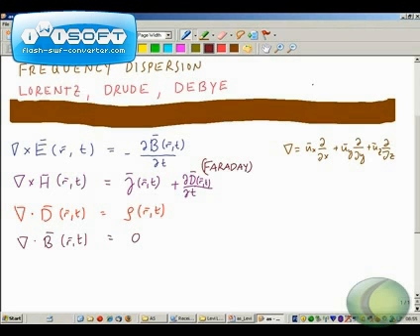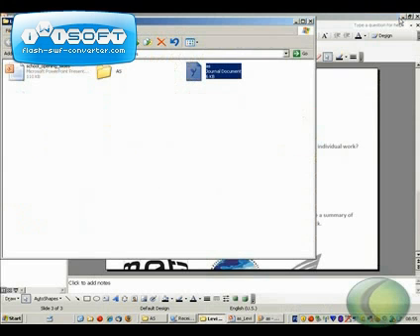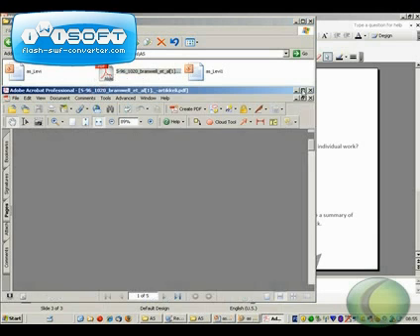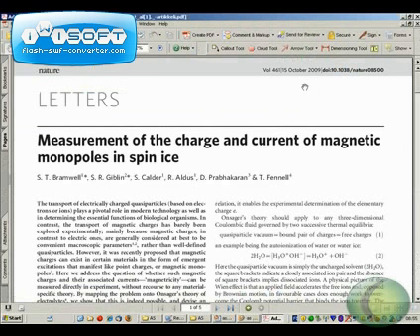Except a couple of weeks ago in Nature, do you follow the journal Nature? There was, let me see, this kind of article. Have you heard about this journal, Nature? This is October 15th, 2009.